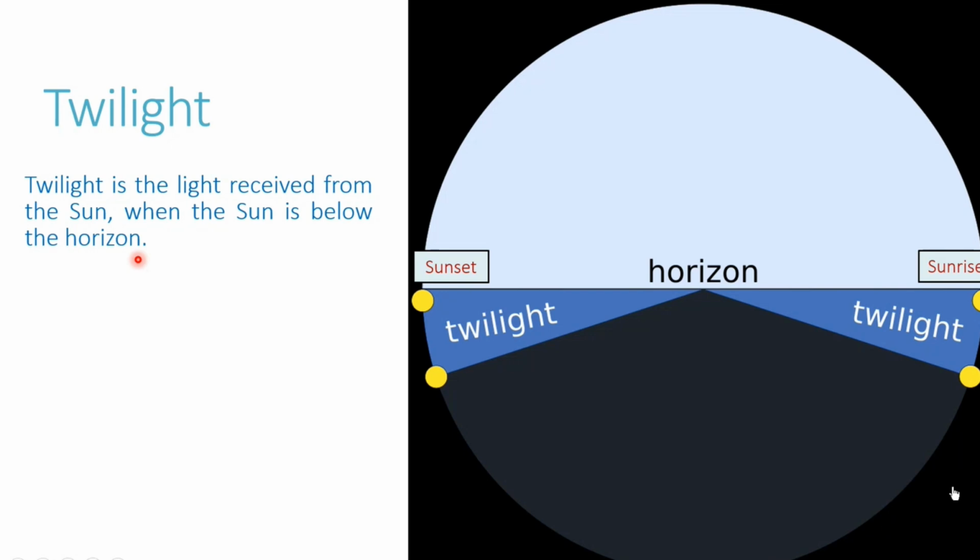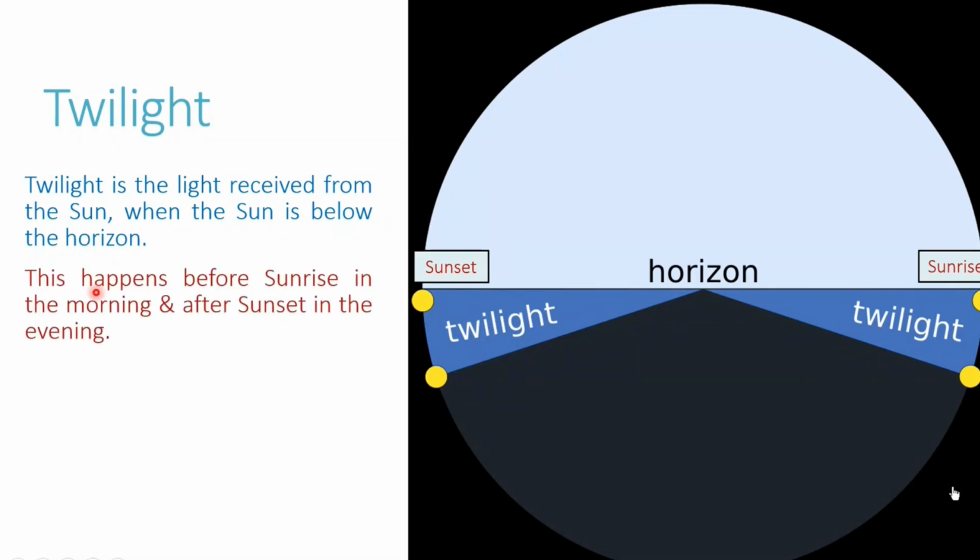But we also receive some light when the sun is below our horizon and close to it, and that is the light which we call twilight. This happens before sunrise in the morning and after sunset in the evening.